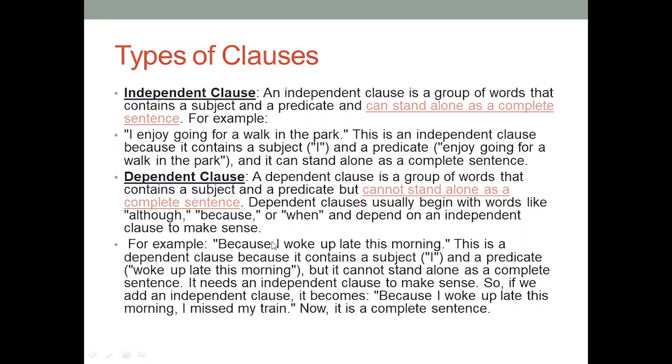But before, because I woke up late this morning, it doesn't give us a whole idea. But now, because I woke up late this morning, I missed my train. So now we find what is being impacted by his waking up late in the morning. So because of his waking up late, he missed his train. So now it's a complete sentence.